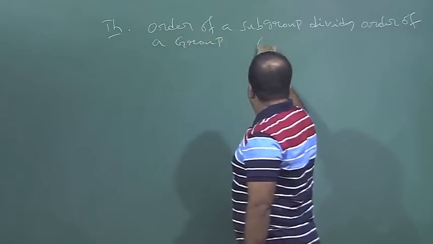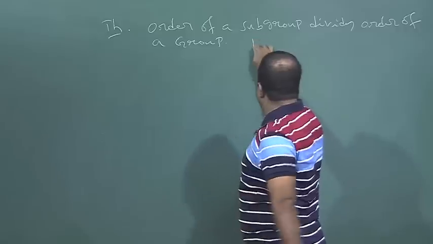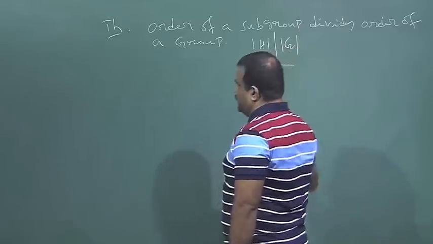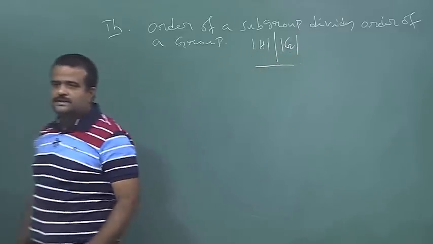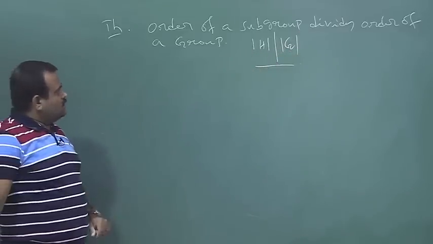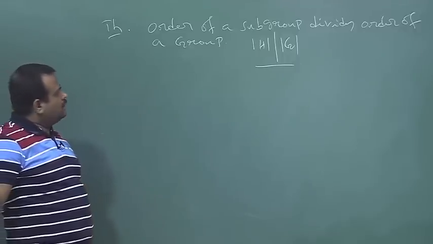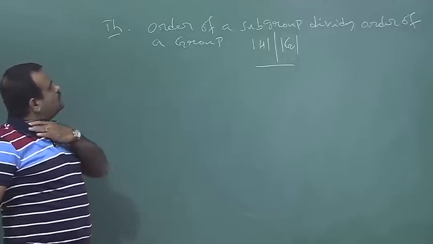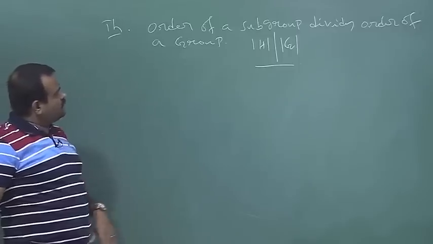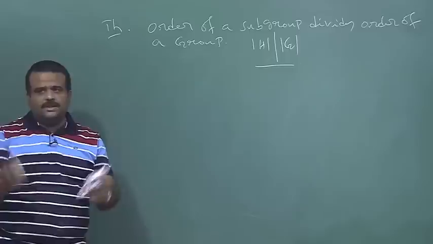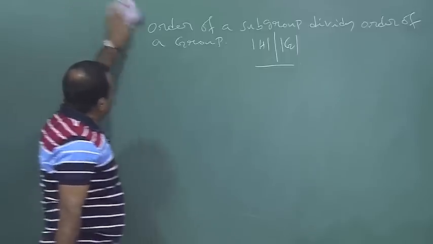That means the cardinality of H divides the cardinality of G, provided they are finite. If they are infinite, then this has no meaning, because both could be infinity. So, provided they are finite, the order of the subgroup divides the order of the group; we will formally define this.